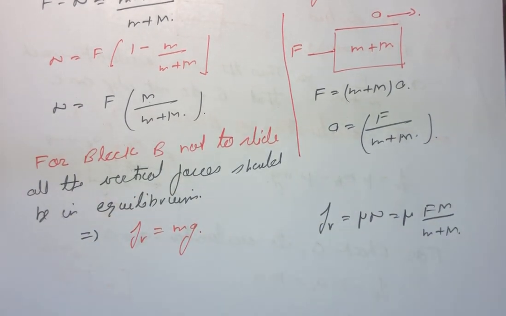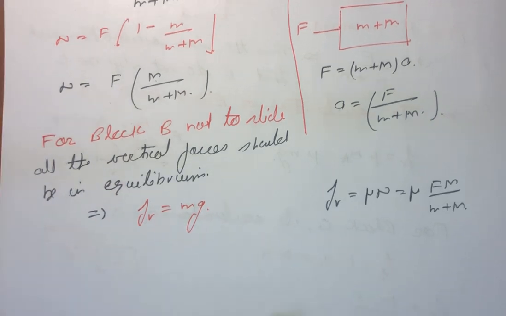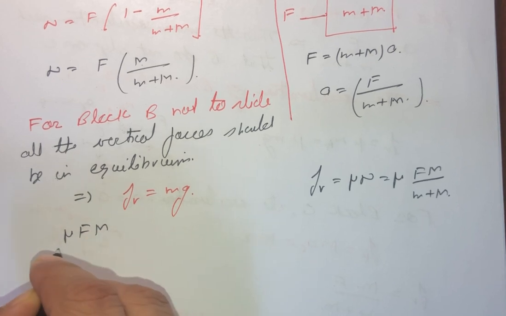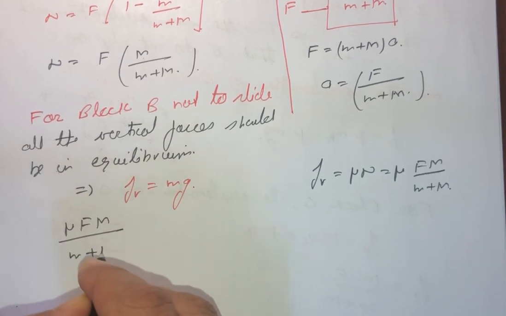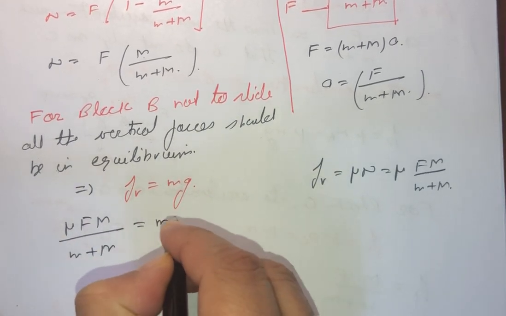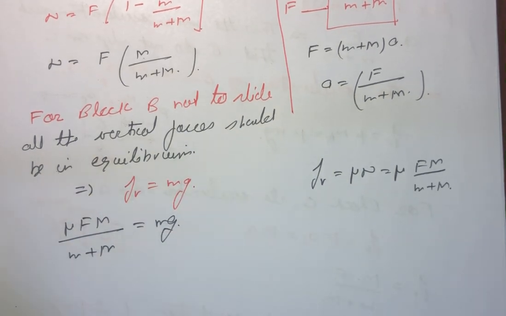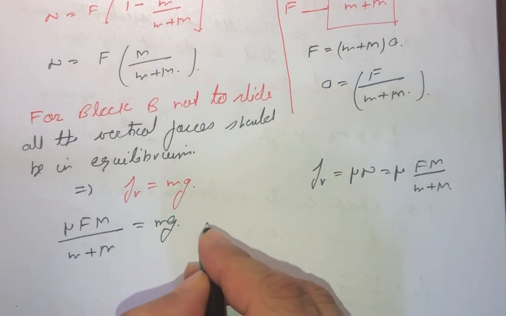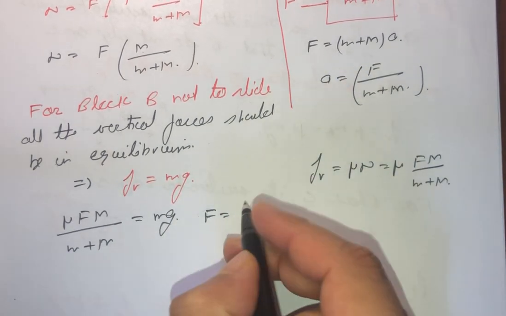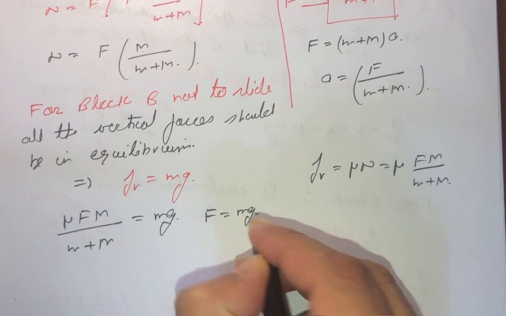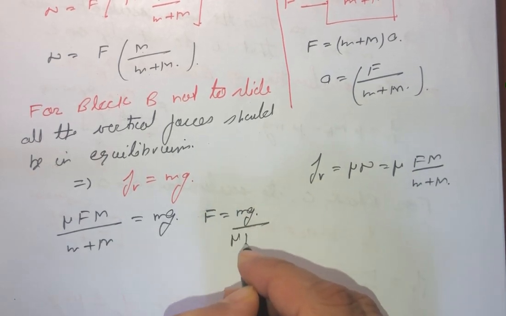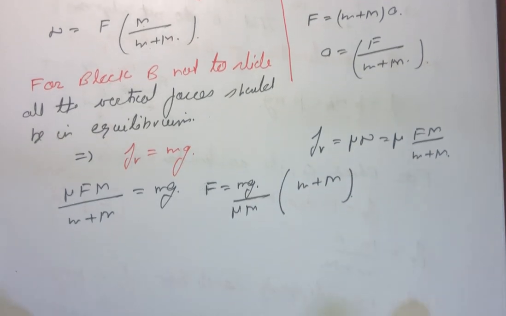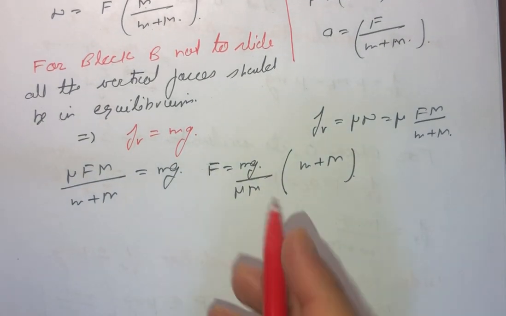We substitute it here, we get mu F M divided by (m plus capital M) is equal to mg, or we can say our F is equal to mg divided by mu times (m plus capital M) over M. We can solve it further.